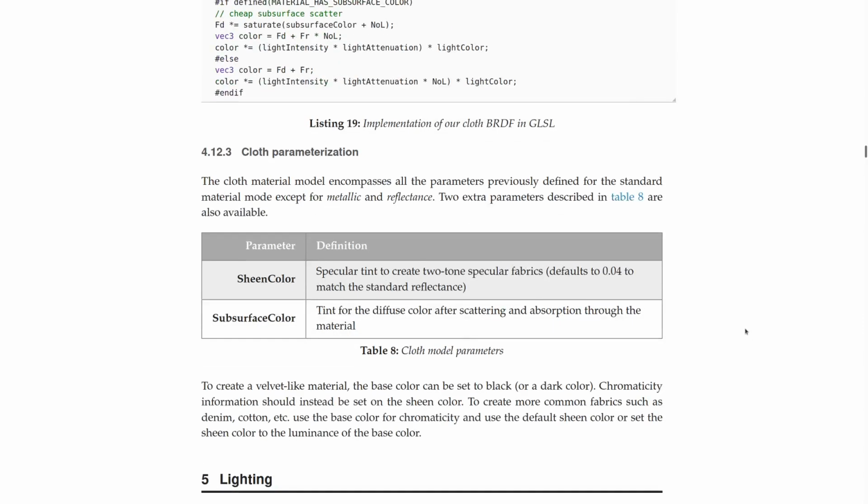So then we're looking at the parameterization of this model. The cloth material model encompasses all the parameters previously defined for the standard material model except for metallic and reflectance. Two extra parameters in Table 8 are also available.